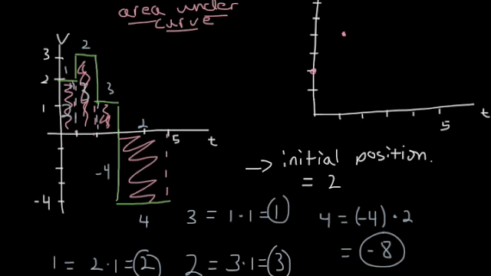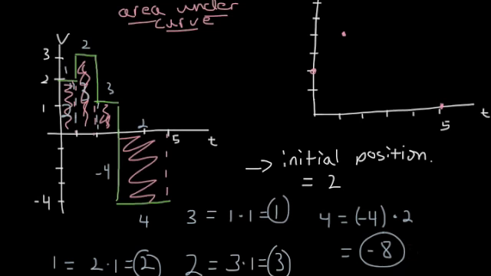Okay, and then finally, I move all the way down to 5. In 2 seconds, I move that far, and I know this because I went negative 8.